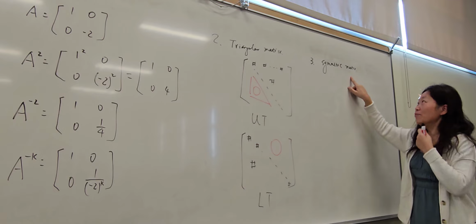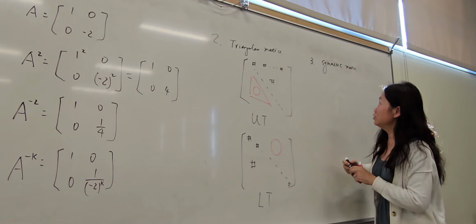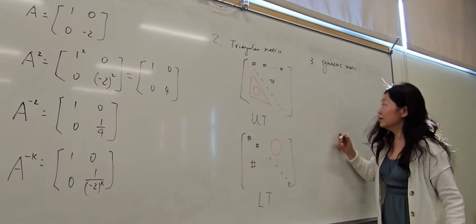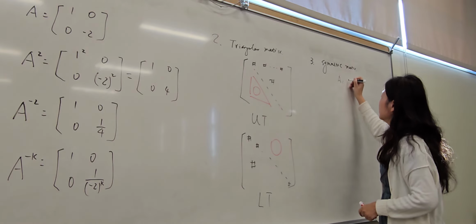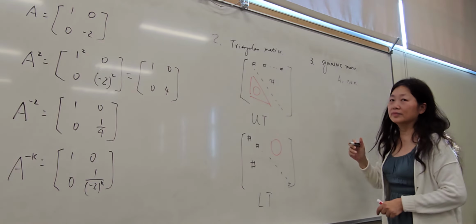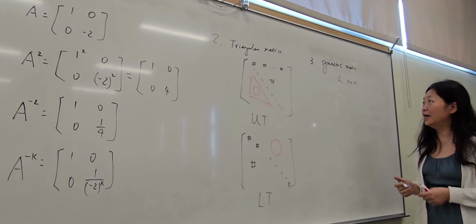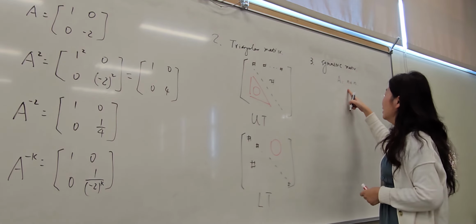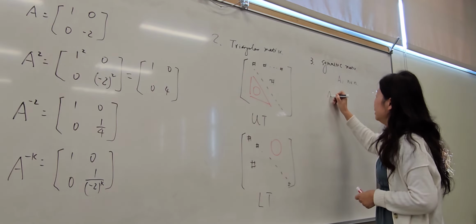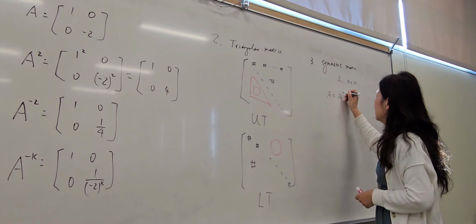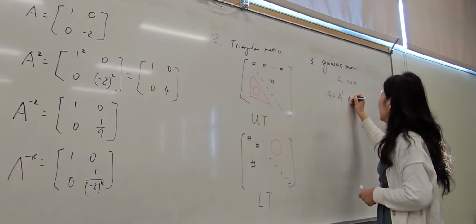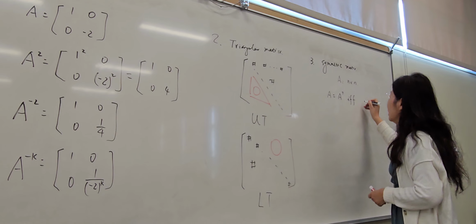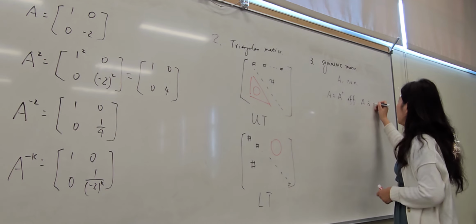Okay, a symmetric matrix has to be a square matrix first. Have a square matrix, okay, and A should equal A transpose, if and only if A is symmetric.